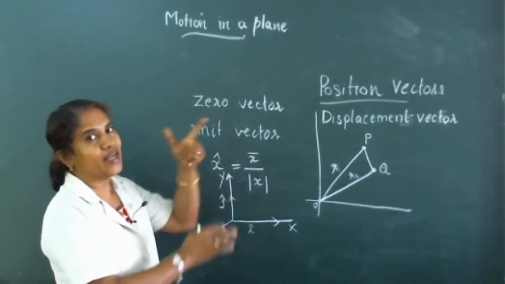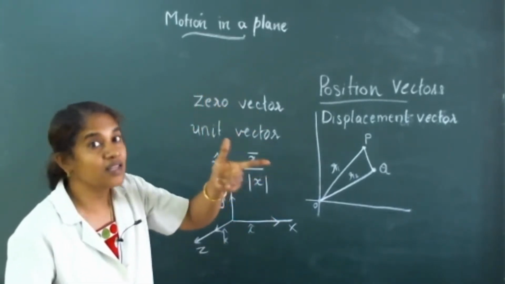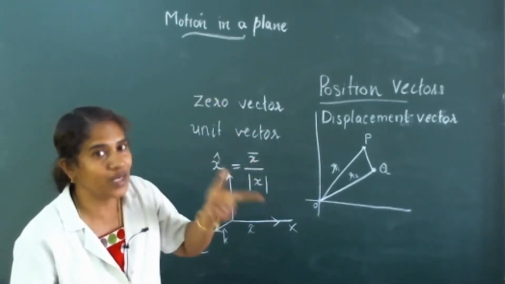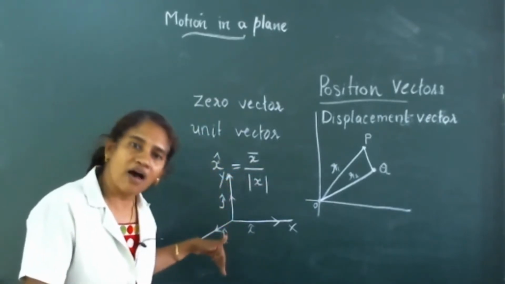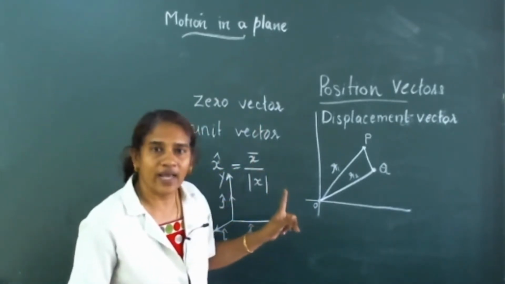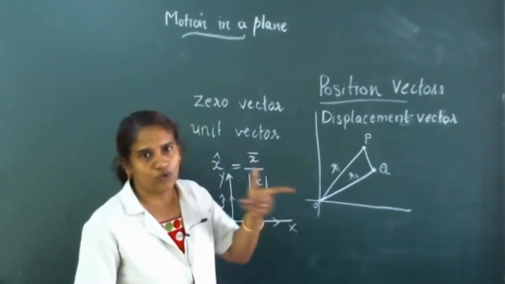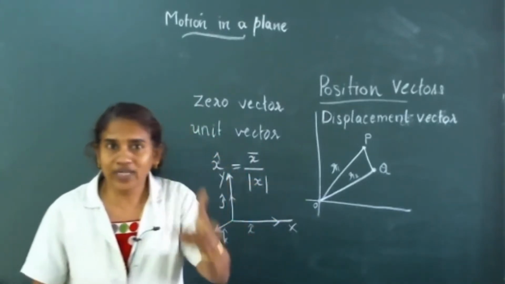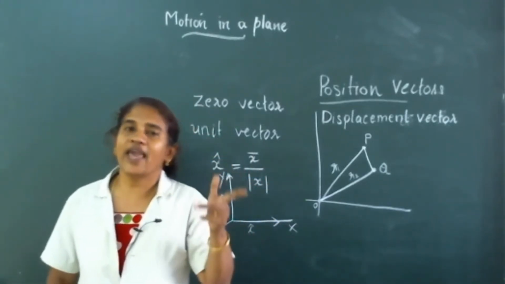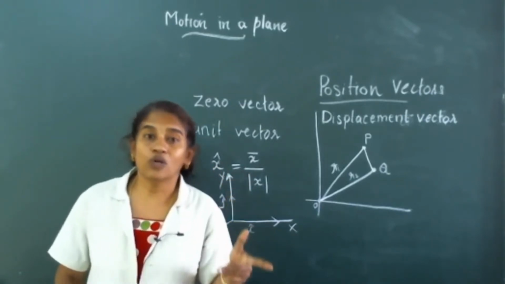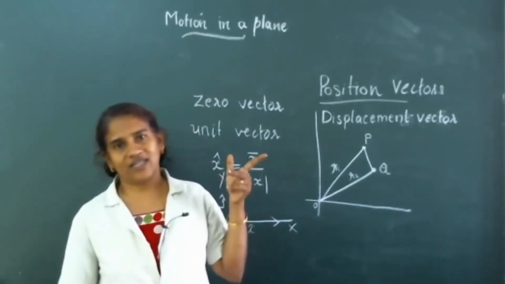See, x, y and z, all three are in three mutually perpendicular directions. So, they are known as orthogonal unit vectors, mutually perpendicular unit vectors. So, i, j, k are what? Orthogonal unit vectors.